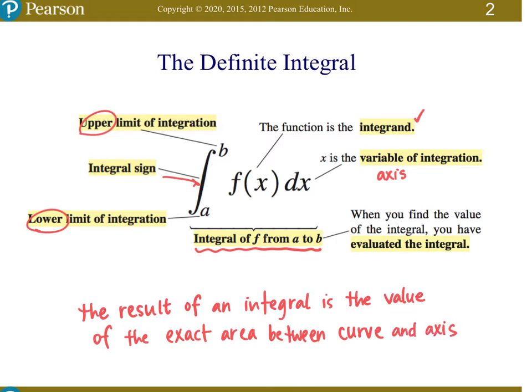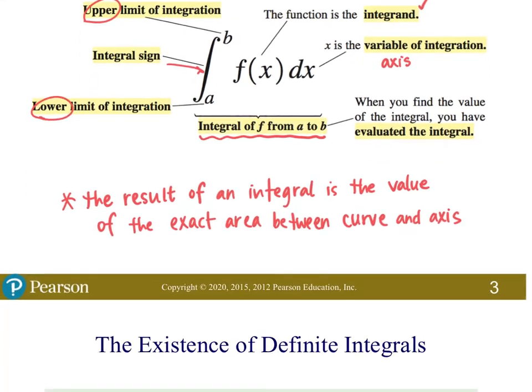Okay, we're not just estimating anymore. We're not just saying, oh, this method is better than that method. We're now getting the exact value.